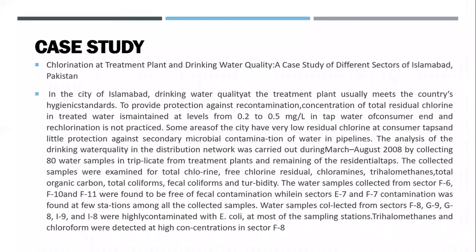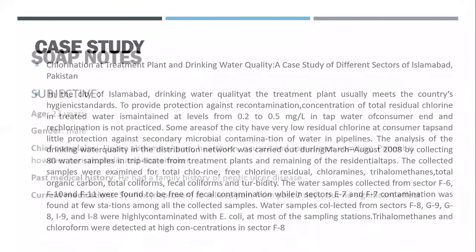The water samples collected from sectors F6, F10, and F11 were found to be free of fecal contamination, while in sectors E7 and F7 contamination was found at a few stations among all the collected samples. Water samples collected from sectors F8, G9, G8, I9, and I8 were highly contaminated with E. coli. At most of the sampling stations, trihalomethanes and chloroform were detected at high concentration in sector F8.